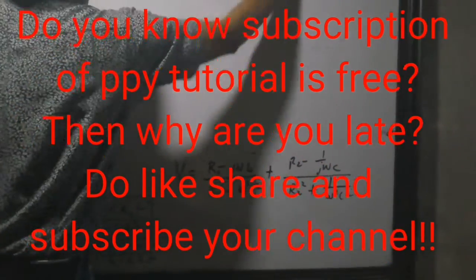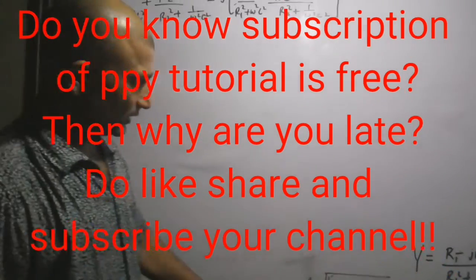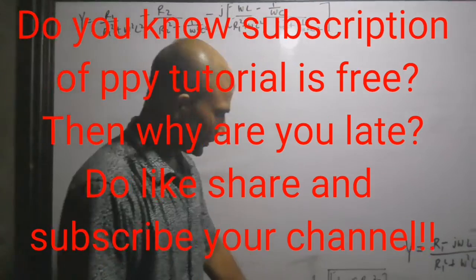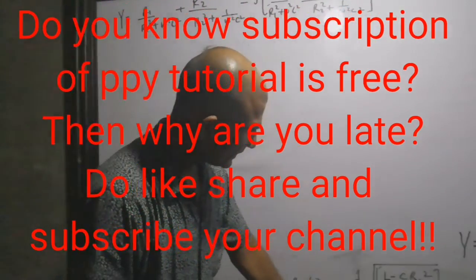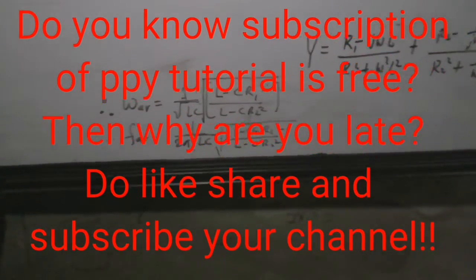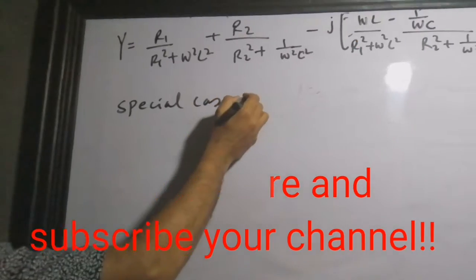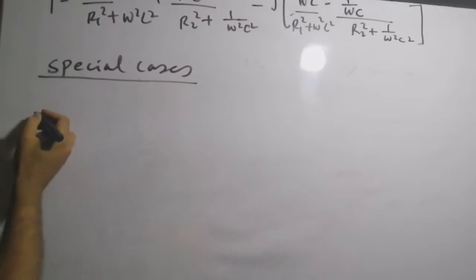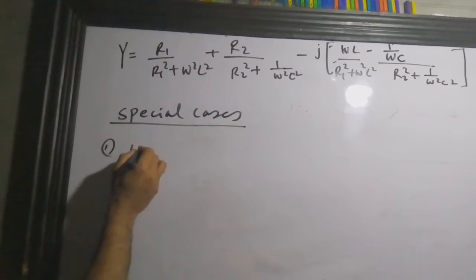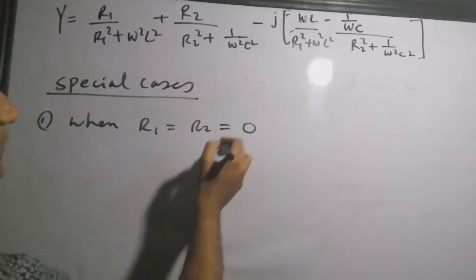Okay, so now, as I told you, this is the general case, means for all the case anti-resonant frequency we can find from this relation only. So let's discuss some special cases. First case is when R1 equals to R2 equals to 0.